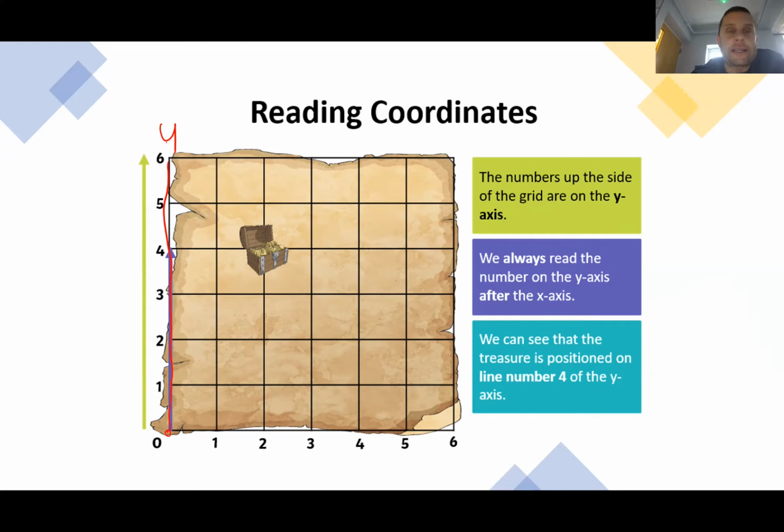It's called a y-axis. And remember that we're saying y to the sky. And that is the next number we need to read. And if we go all the way up, so we count from 0, going up, up, up, up, up, we can see our treasure is sat on our y-axis at number 4. And that's our y-axis. So that number will come second.